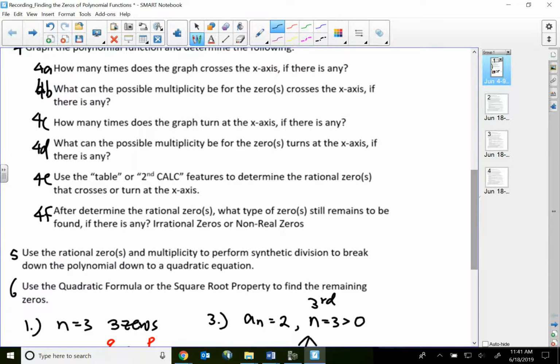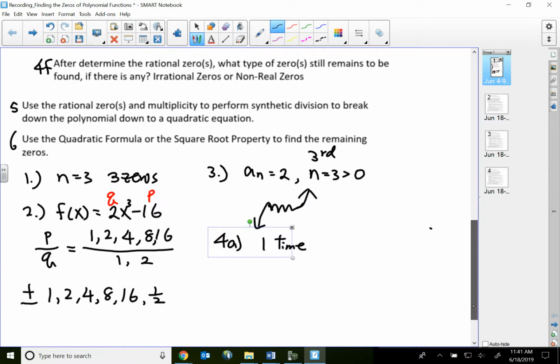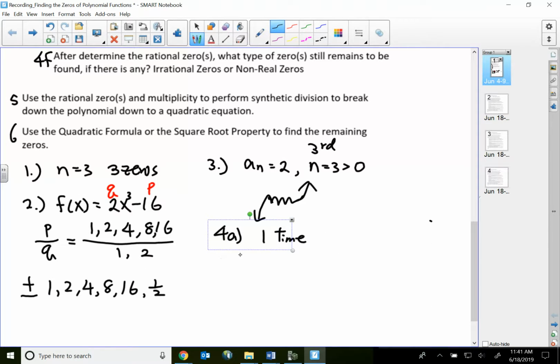For B, what can the possible multiplicity be for the zero that crosses over the x-axis? Since it crosses over the x-axis, the multiplicity will be odd. If it's odd, what can it be? The multiplicity can be 1 or it can be 3.